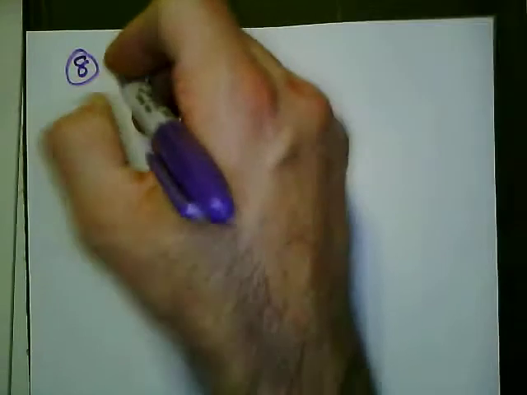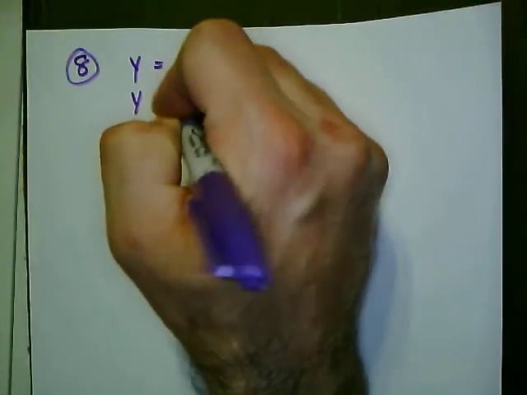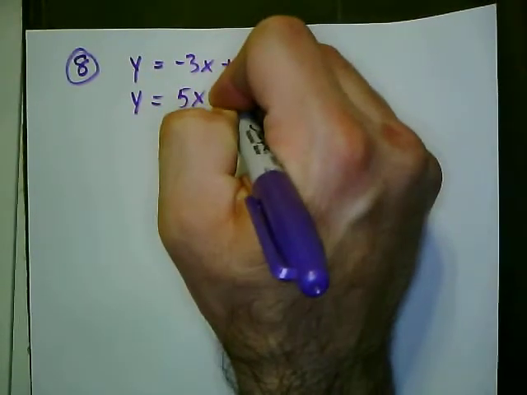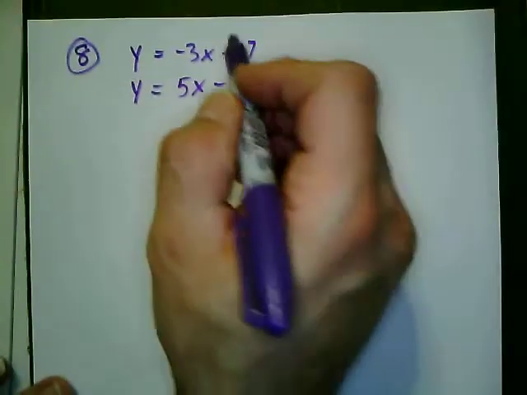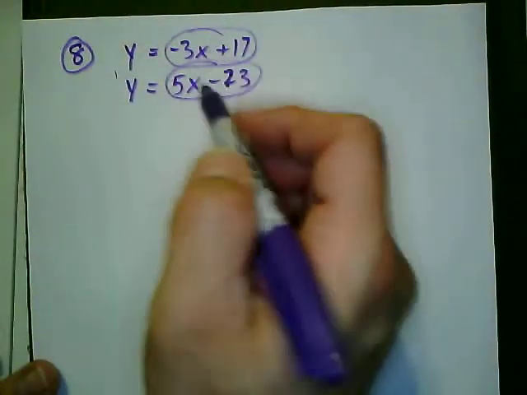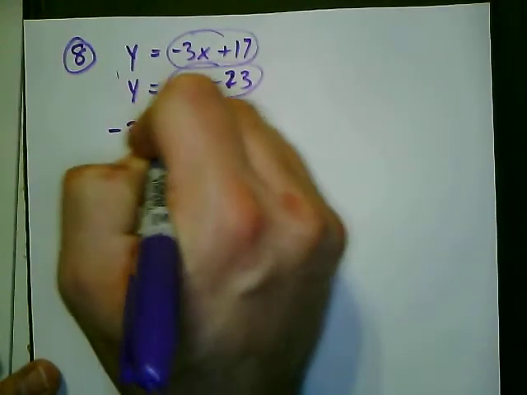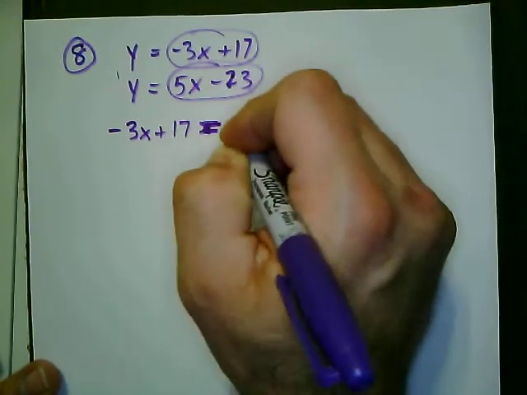And number 8, our last one, I don't have it written down, but that's okay. We'll do it real quick. y equals negative 3x plus 17, and y equals 5x minus 23. You should remember this, but I'm going to go over it anyway. This and this are both equal to y, therefore these two are equal to each other.